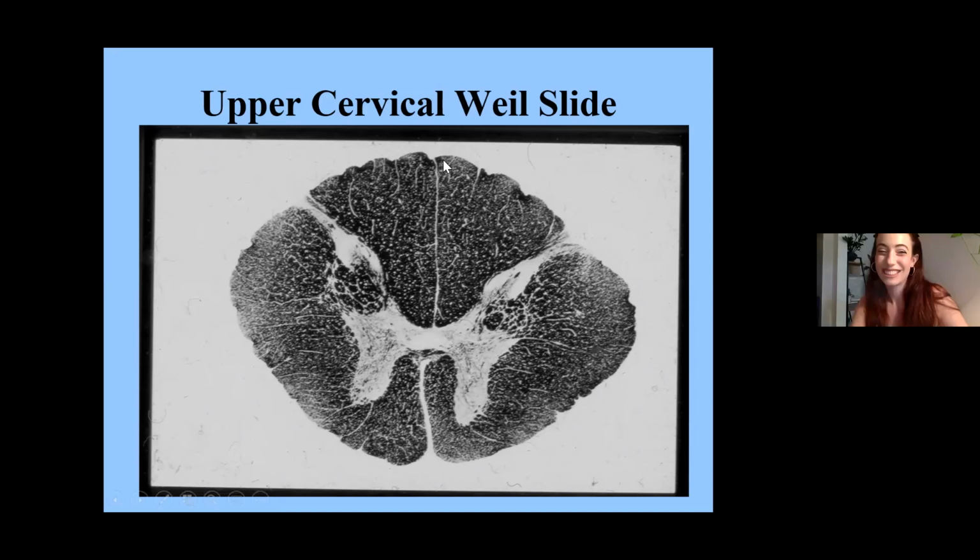So again, we have the dorsomedial septum, the dorsolateral septi, the fasciculus gracilis, the huge fasciculus cuneatus, the dorsal horn, the decussation of the corticospinal tract, the lateral corticospinal tract, the posterior spinocerebellar, the anterior spinocerebellar, the anterior, the lateral spinothalamic, the anterior spinothalamic, the anterior corticospinal, and the anterior white commissure.